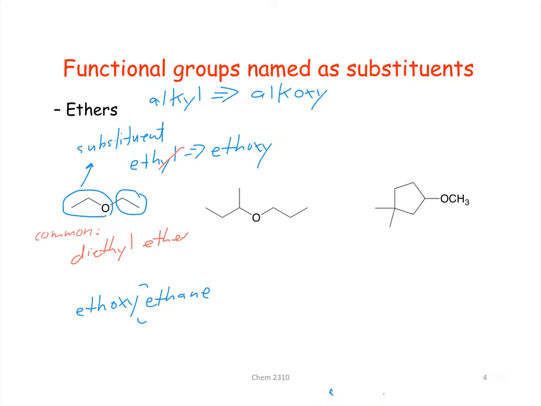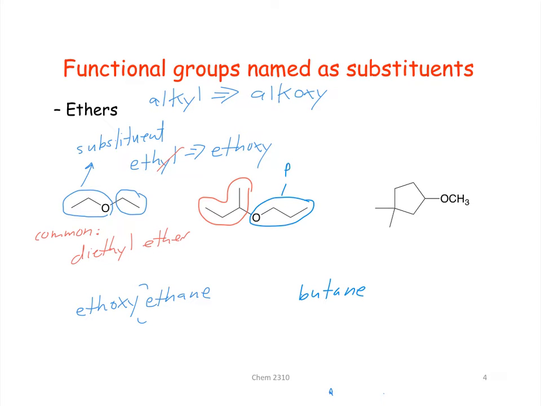All right, so let's look at the next one. So we're going to pick the longest chain. All right, so on the left side we have 1, 2, 3, 4, butane. On the right side we only have 3, so that's a propane. So our longest chain is going to be here. All right, so we are going to have a butane, and this group right here is going to be the substituent.